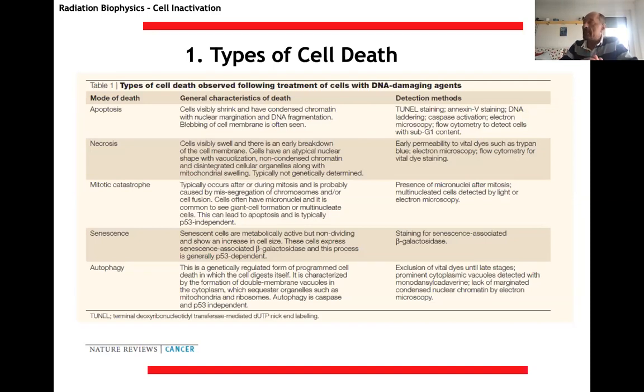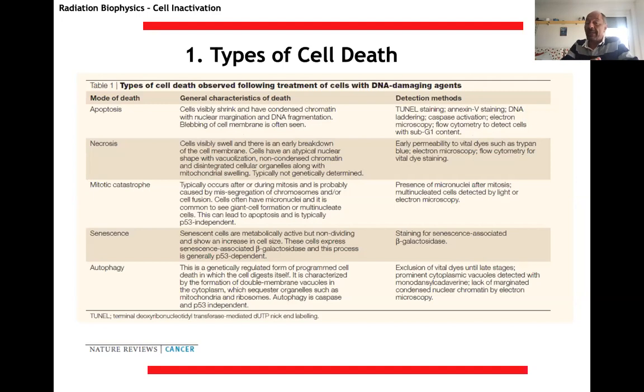So apoptosis is the first one. The characteristics are cell shrinkage, condensed chromatin, blebbing of the cell membrane. Here are the methods that you have to use if you want to measure this kind of cell death. Typically, apoptosis is a programmed cell death, so it's the cell that decides to go into apoptosis.